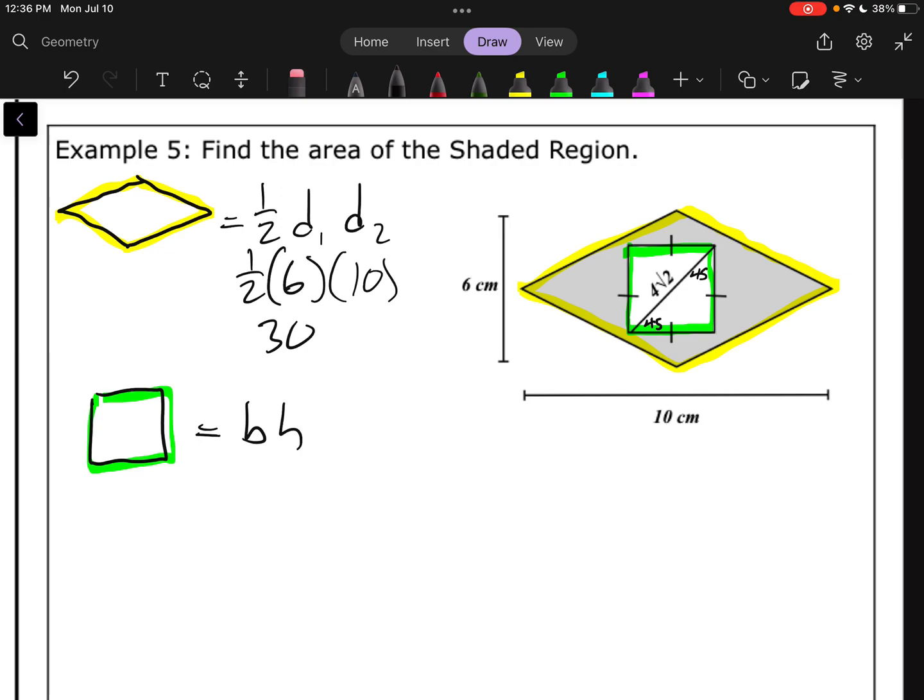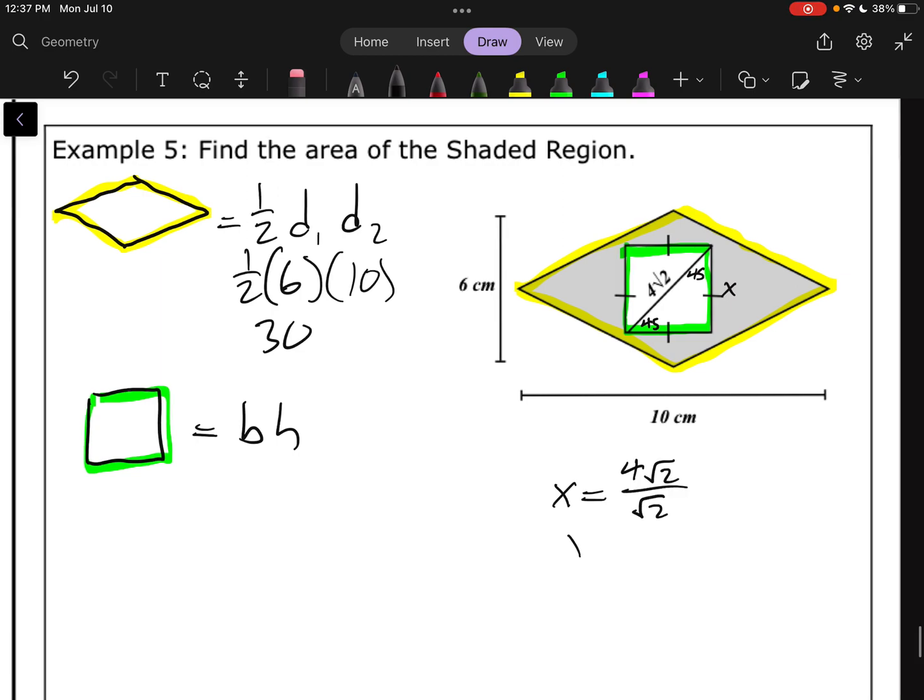So that means that if I want to find, for instance, one of the legs, if I just put an x there, I know that the leg is supposed to be the hypotenuse divided by root 2. And if I take 4 root 2 and divide by root 2, I just get 4. So that's going to tell me that all the sides of this thing are 4. So I'm just going to do 4 times 4, and I'm going to get 16.